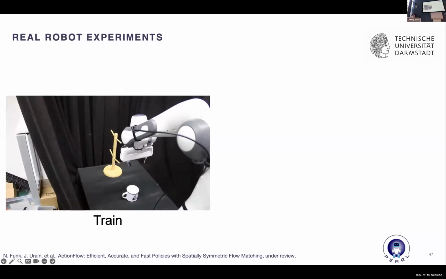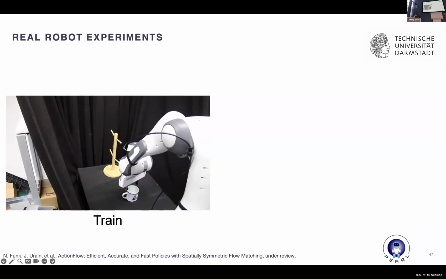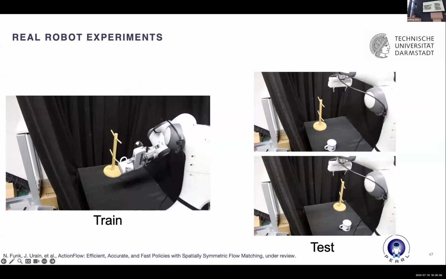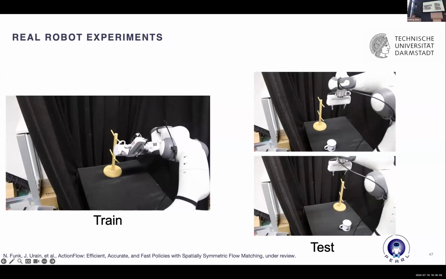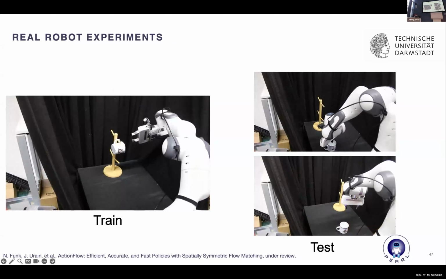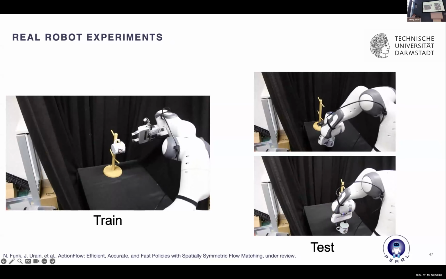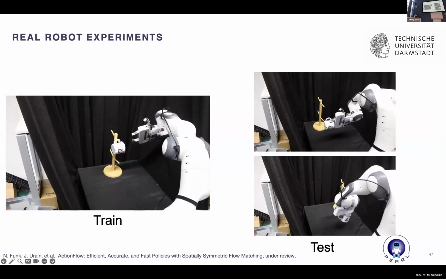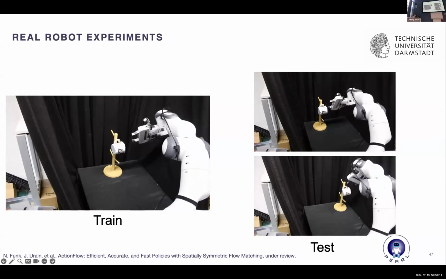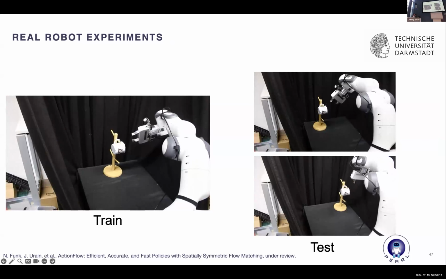And then we apply our invariant transformer. We do the training here for the map hanging, and then we can see at test time, even if you move the map, for example, the system is quite reactive, and will follow and hang the map.